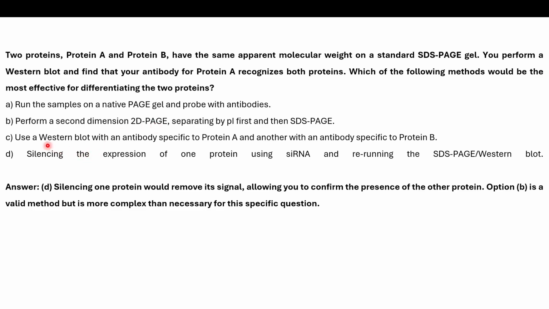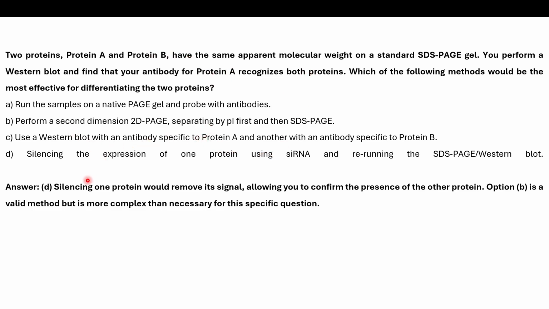Even silencing the expression of a gene which expresses this particular protein is also trickier. But if you are using an antibody specific to protein A and another with specificity against protein B, then the antibody which is specific to protein A also is recognizing protein B. So it won't be very conclusive.